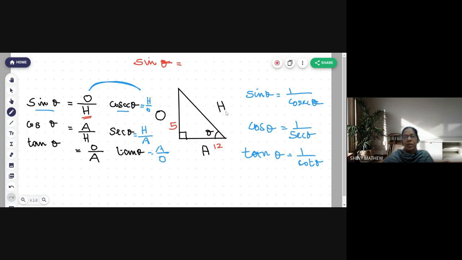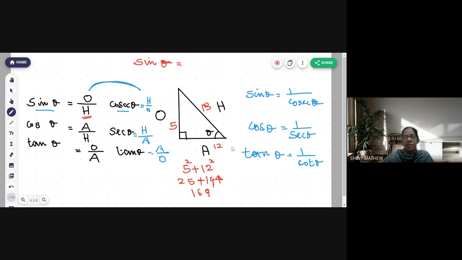How can you find the hypotenuse? Yes, by Pythagoras property. 5 square is 25, 12 square is 144. By adding that, we get 169. 169 is the square of 13. So the hypotenuse is 13.